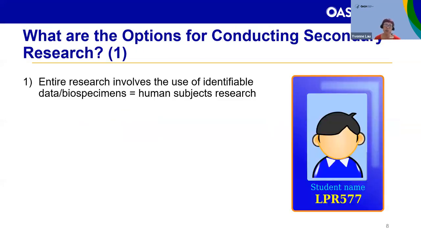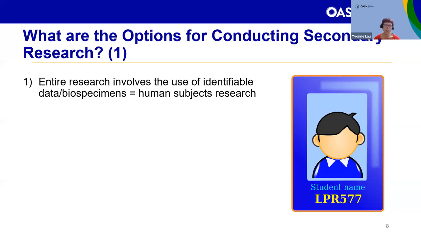So what are the options for conducting secondary research? By the way, when we think about secondary, we're thinking about it from the perspective of the investigators proposing this project, right? They come along and tell you that they're interested in using data or biospecimens that have been collected for other purposes, and they're using that to do the research they're proposing.